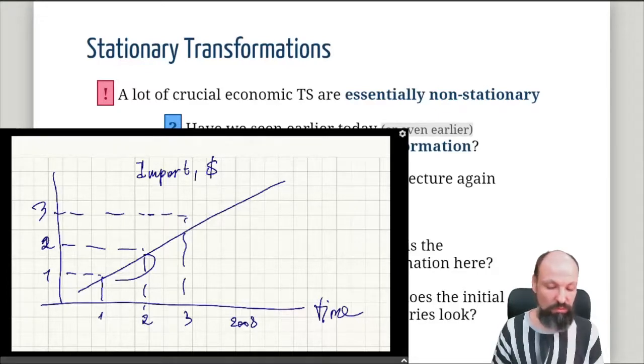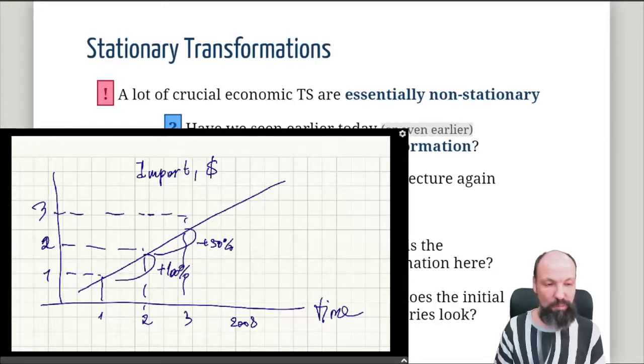From 1 to 2. Ну, 100%. Yes, that's plus 100%, dear economists. What is the percentage change here? From 2 to 3. 50. Plus 50, yes. Then plus, and so on.